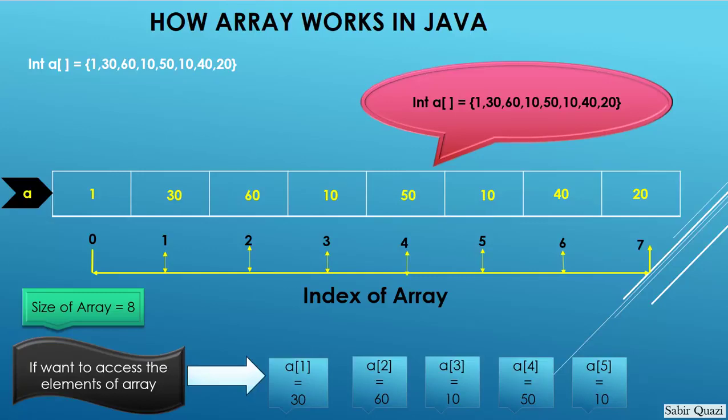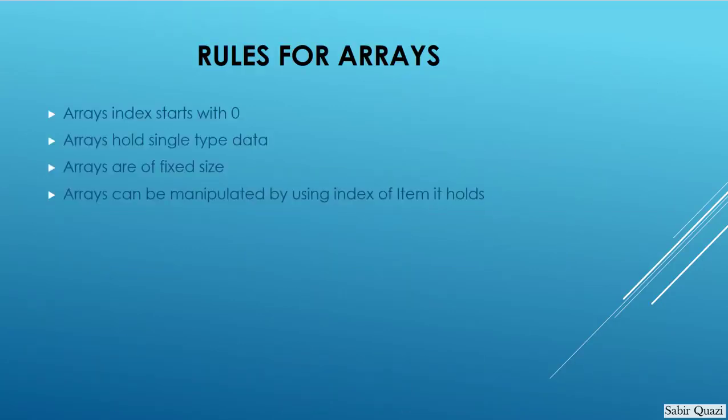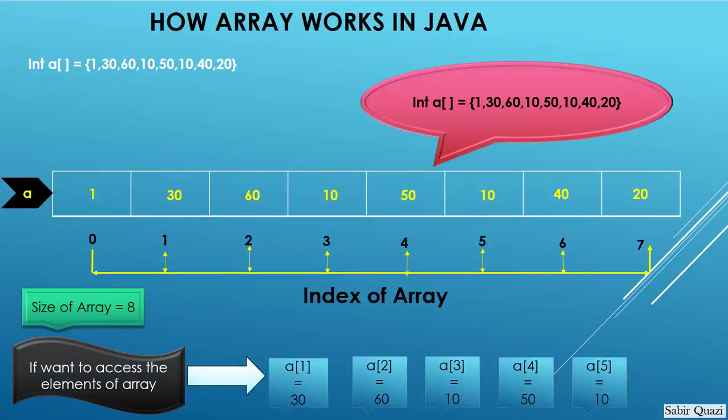The next rule is that an array has a size. Like I said earlier, the size of the array identifies the number of indexes it has. In this case the size would be 8, because it holds 8 values.